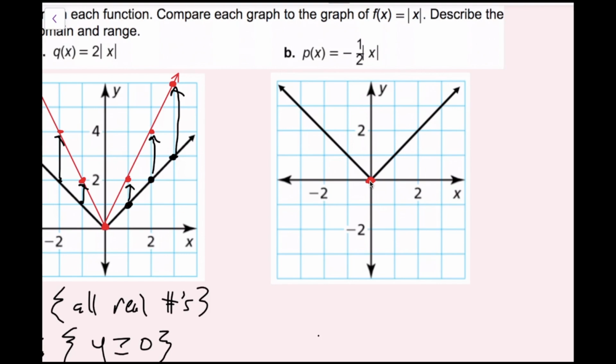So when x is greater than or equal to 0, my slope is going to be negative 1/2. So I'm going to go down 1, right 2. And then when x is less than 0, I'm going to have a positive 1/2 slope. So I'm going to go down 1, left 2. Now I'm going to draw my absolute value function.